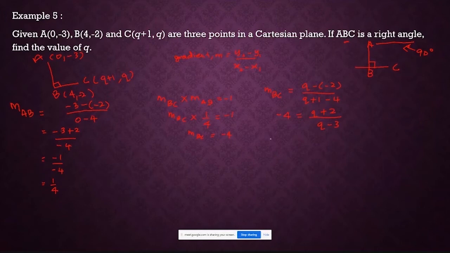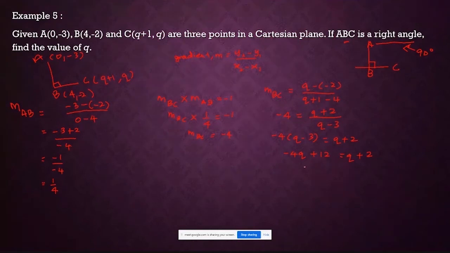So here is a division, so I solve by multiplication, moving to the other side. So negative 4q plus 12, negative times negative is positive, equals q plus 2.